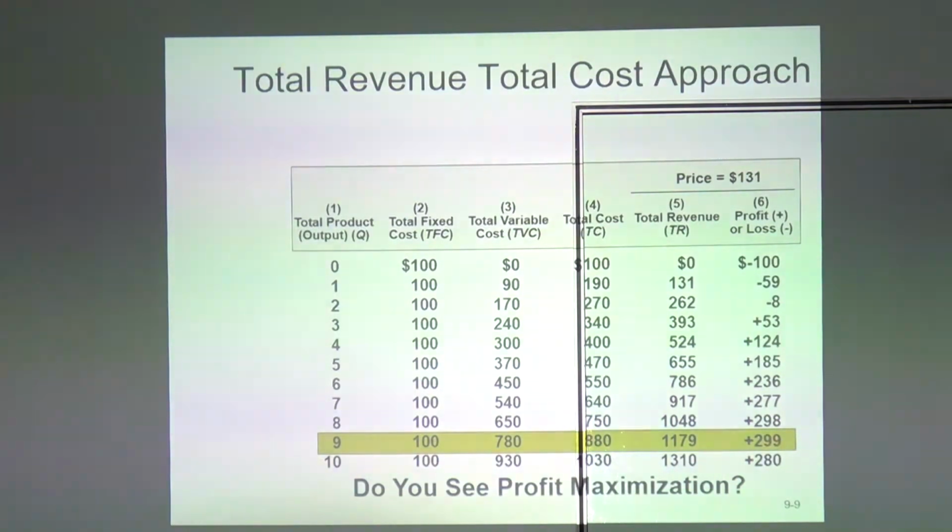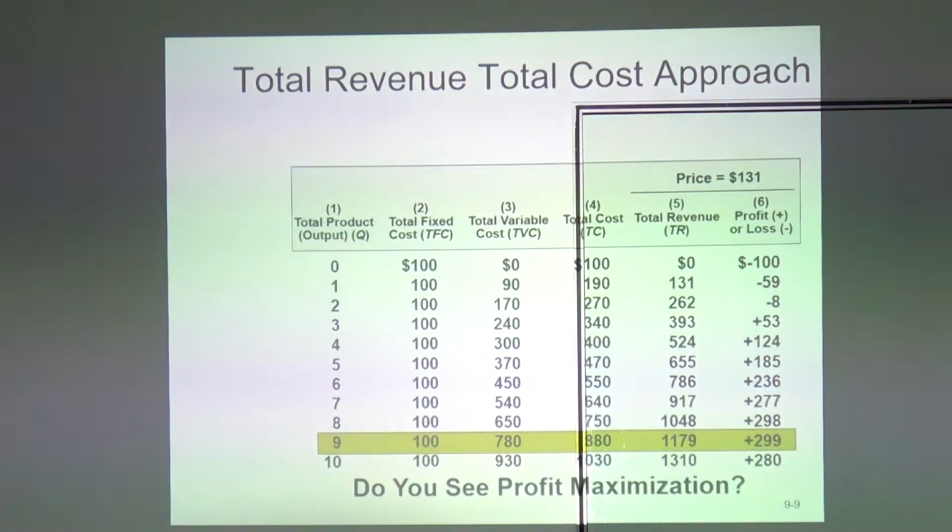Look at the total revenue column, which is column number 5. Total revenue is basically price times quantity. Remember the market equilibrium price for this product is assumed to be 131.